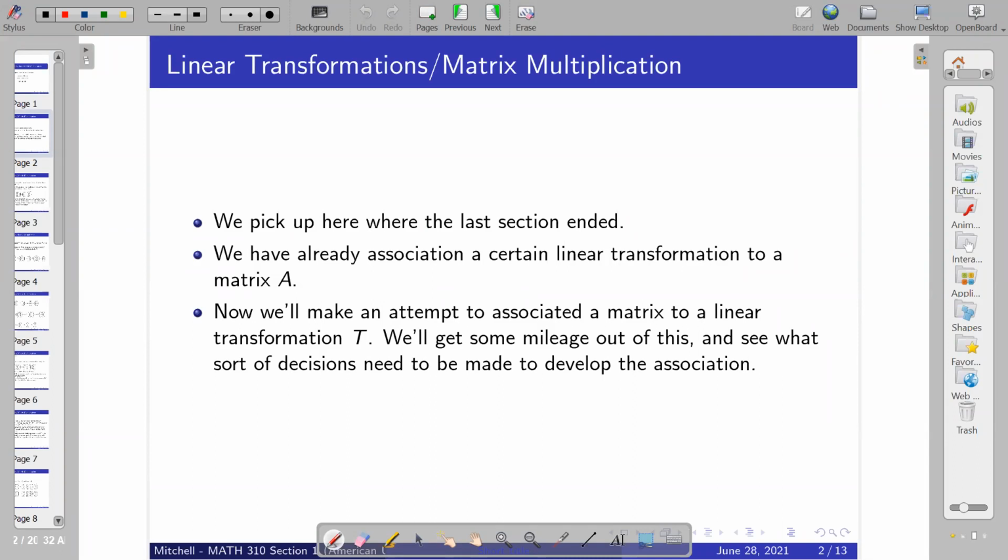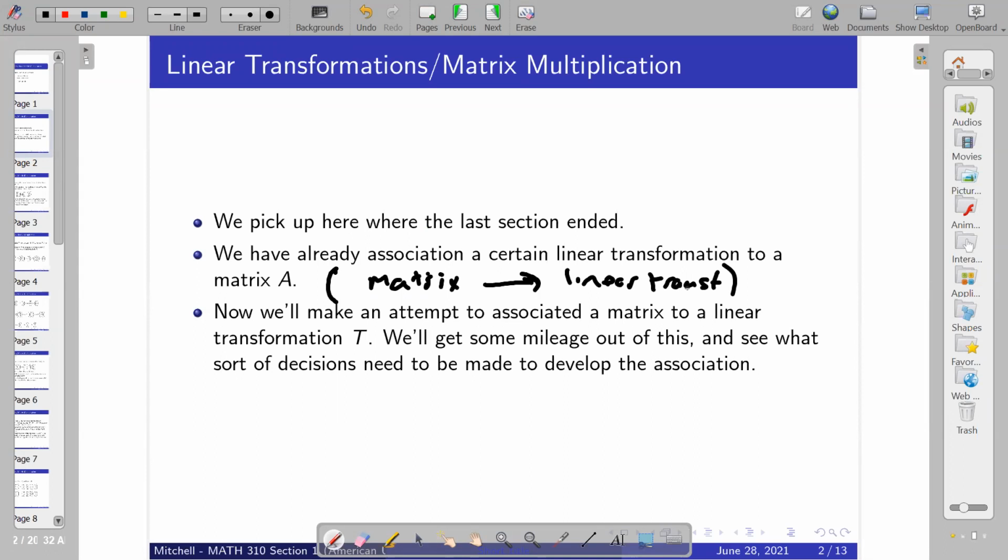So we've already associated a certain linear transformation to a matrix. If you're thinking about things in symbols, in some abstract sense, we can take a matrix and associate to it a certain linear transformation.